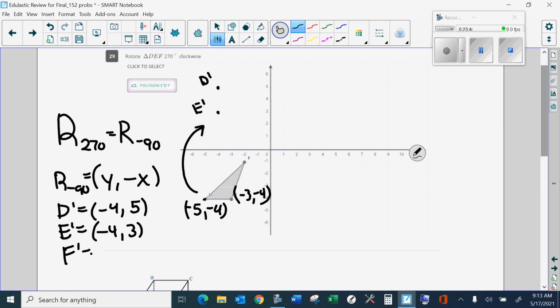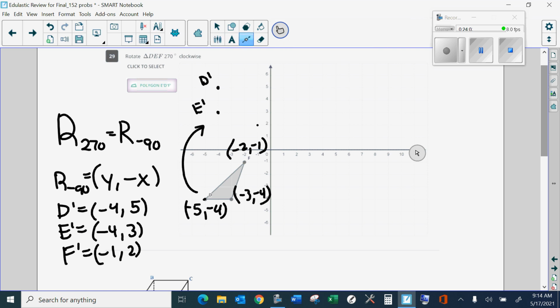And F prime, we have negative 2, negative 1. So y is negative 1 and negative x is 2. Negative 1, 2. Okay, and then we would go ahead and reconnect those.